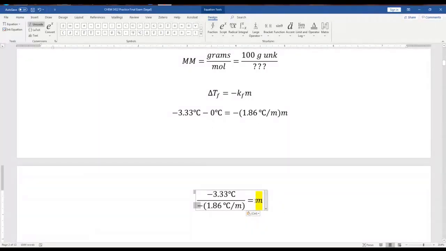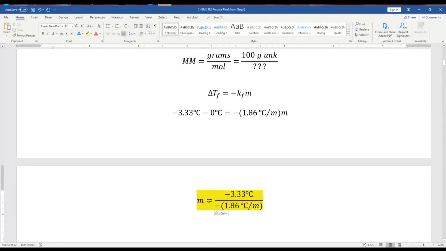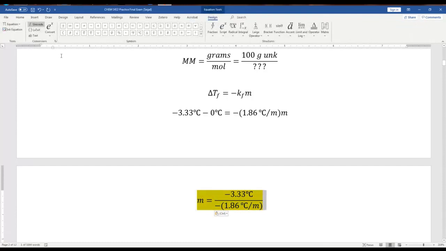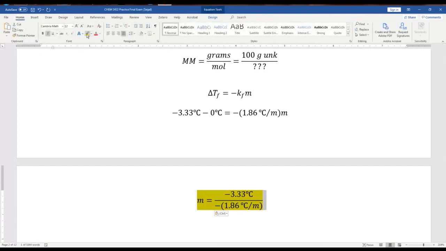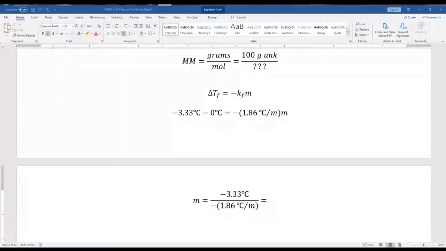And so molality is going to be equal to negative 3.33 divided by negative 1.86. And what does that give you for molality? I calculate. What does that give us for molality?